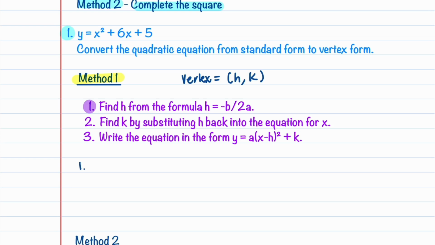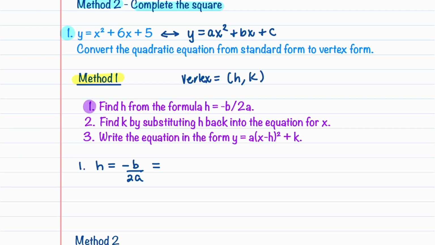Let's go ahead and do that. We'll write down the formula. h is minus b over 2a. Now let's go up to our equation. I'm going to write down the standard form. y is equal to ax squared plus bx plus c. So we can look at these two forms and see what a and b are.